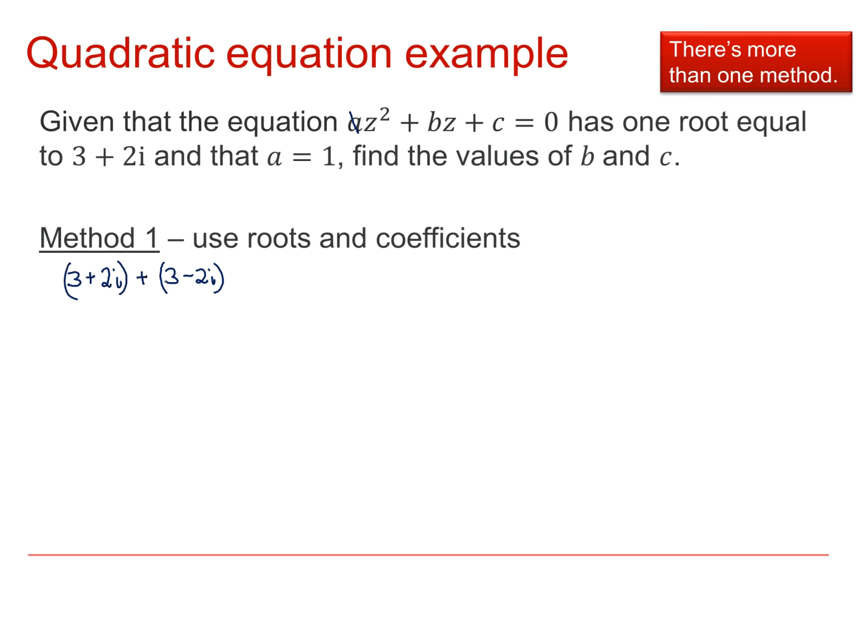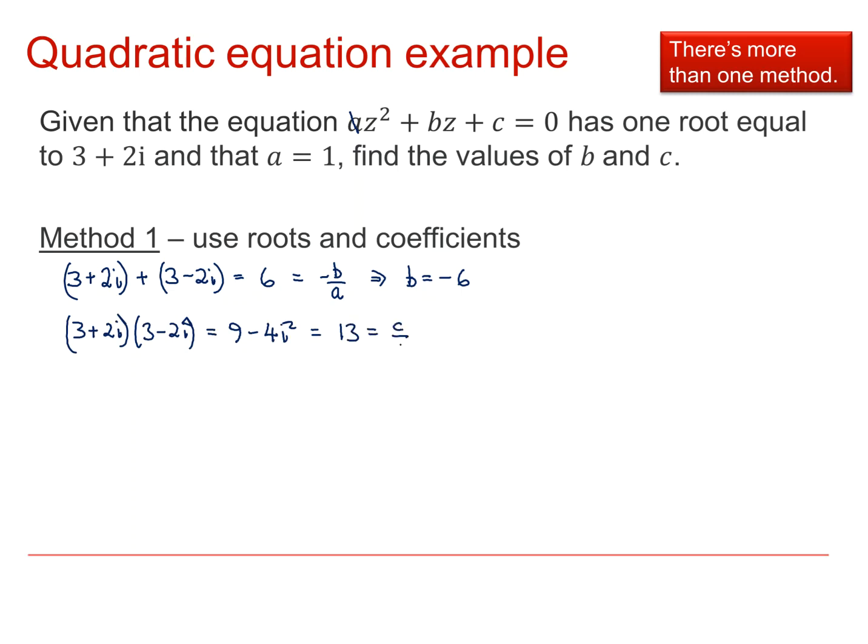If we add these two roots together, we get 6, and we know that that equals minus b over a. Given that a is 1, that tells us that b is minus 6. The product of the roots, 3 plus 2i times 3 minus 2i, that's a difference of squares, so that's 9 minus 4i squared, which is 9 plus 4, which is 13.